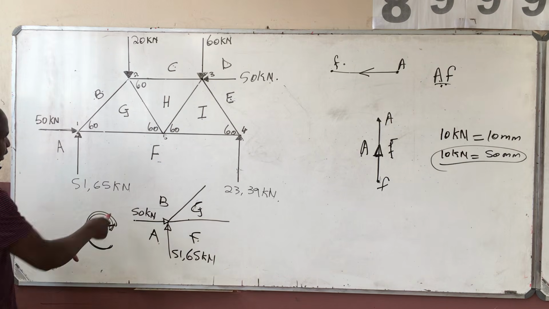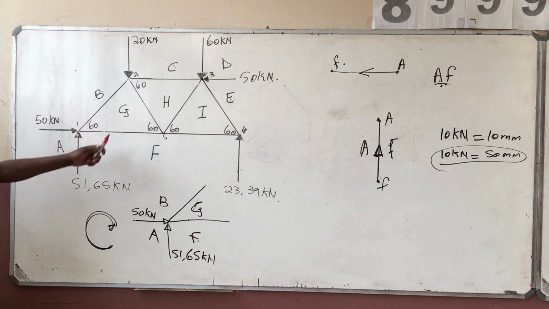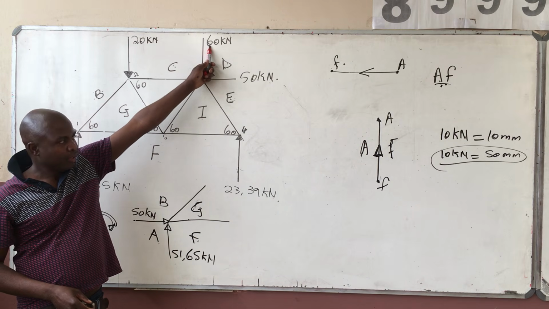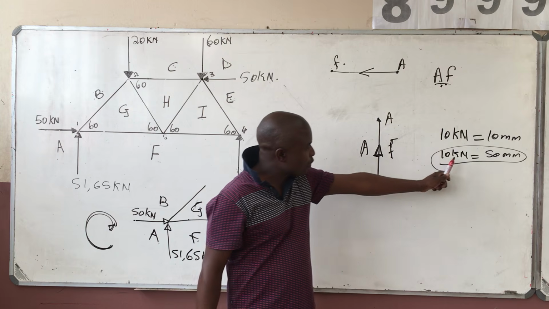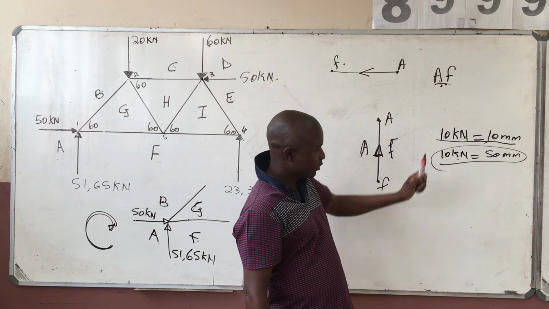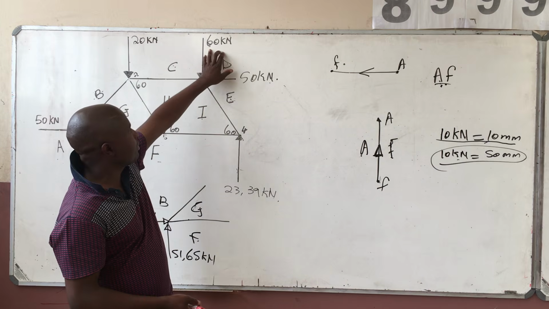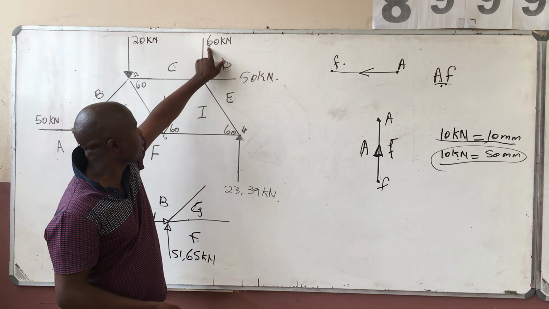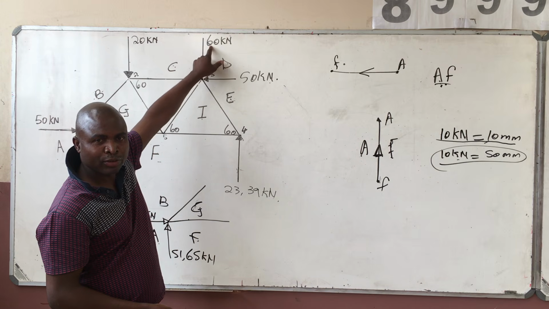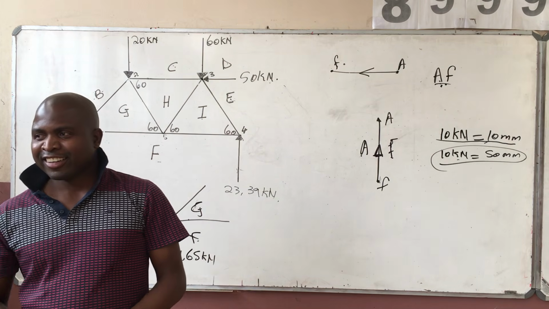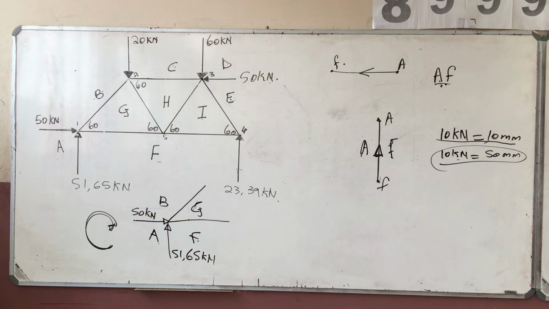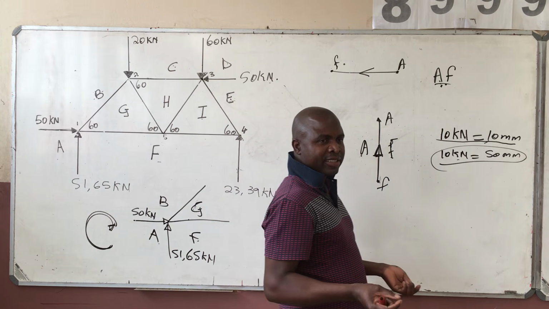If I check my drawing here, or my forces, this one is the largest. If I say 10 kilonewtons equals 10 millimeters, just for example, do we have 60 millimeters in the ruler? We don't have 60 millimeters in the ruler.